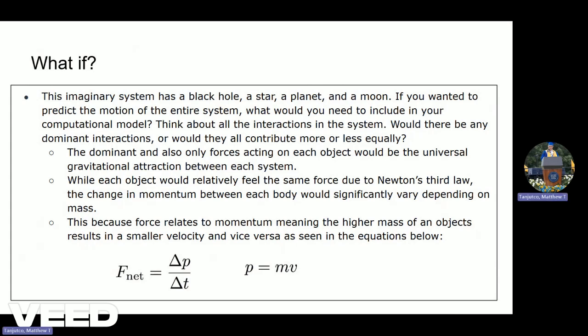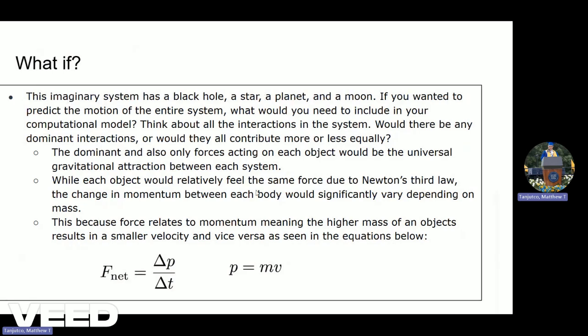And while each object would feel the same force due to Newton's third law, the change of momentum between the objects would differ, or change in velocity. This is because change in momentum is relative to mass and change in velocity, meaning that objects with higher mass would have little velocity, while objects with least mass will have greater velocity.